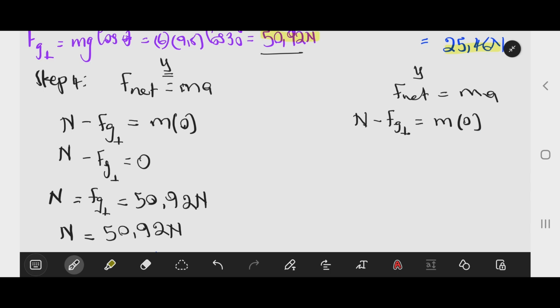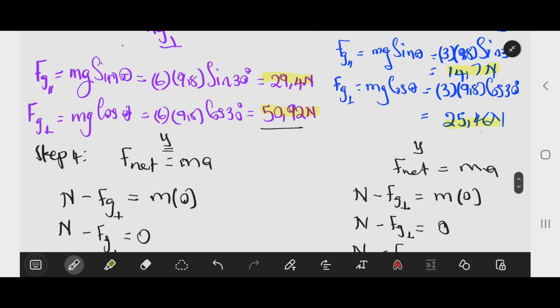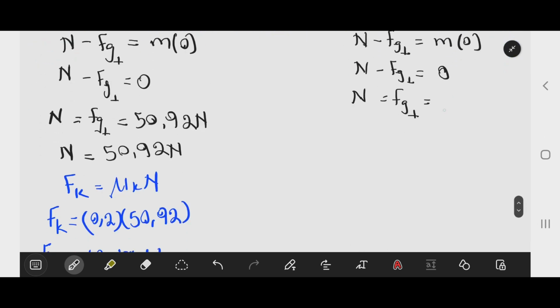Okay, so they are stationary in the y direction. So that would be the normal force minus Fg perpendicular equal to 0, and normal force is equal to Fg perpendicular. And remember, we have calculated our Fg perpendicular up here to be 25.46, right? So it means that is 25.46 newtons.